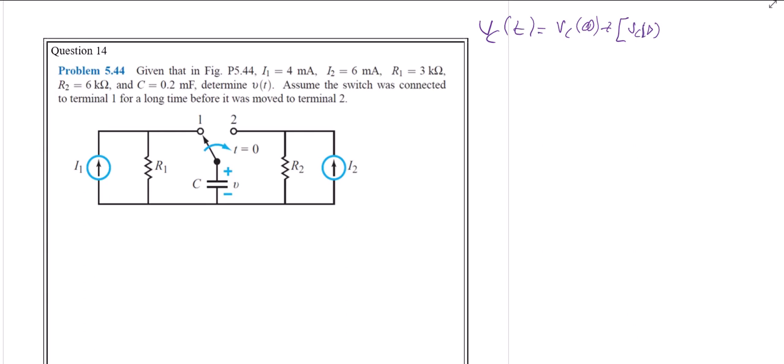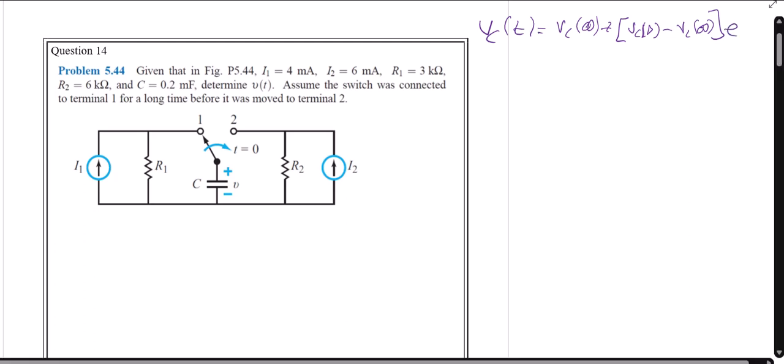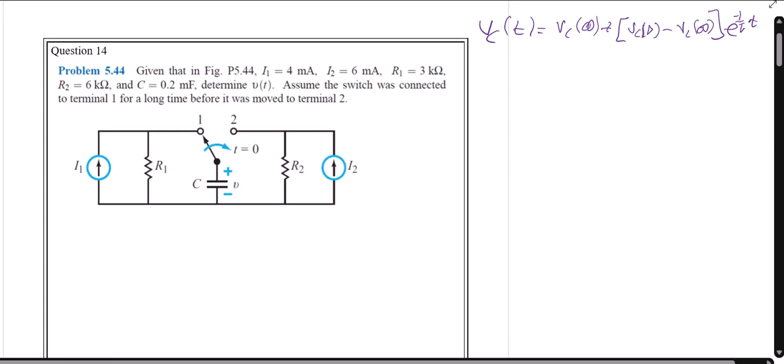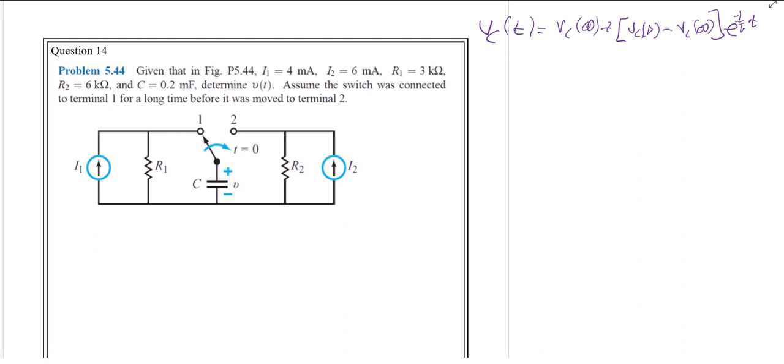Now that's where it starts, so you have to get that, minus Vc at infinity, and an e. And you usually say e to the minus t over tau. I usually say minus 1 over tau times t, just so I don't have a fraction in my exponent. It looks better. Okay, so it's the same thing.